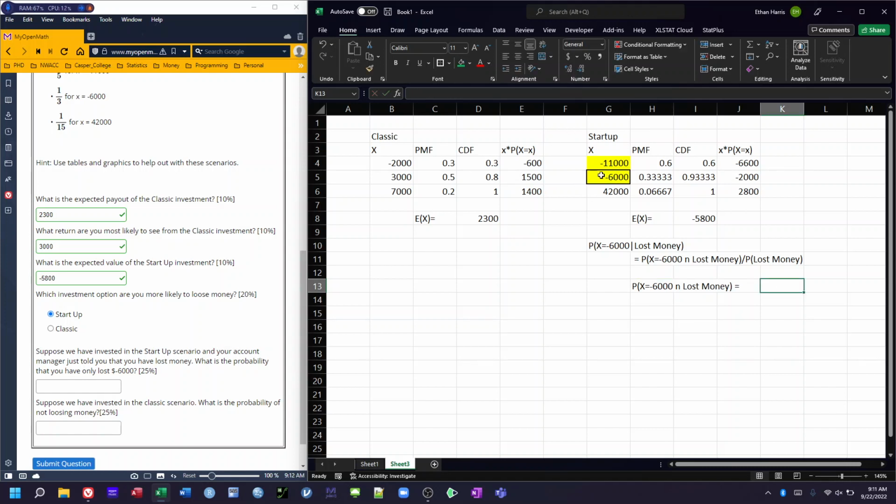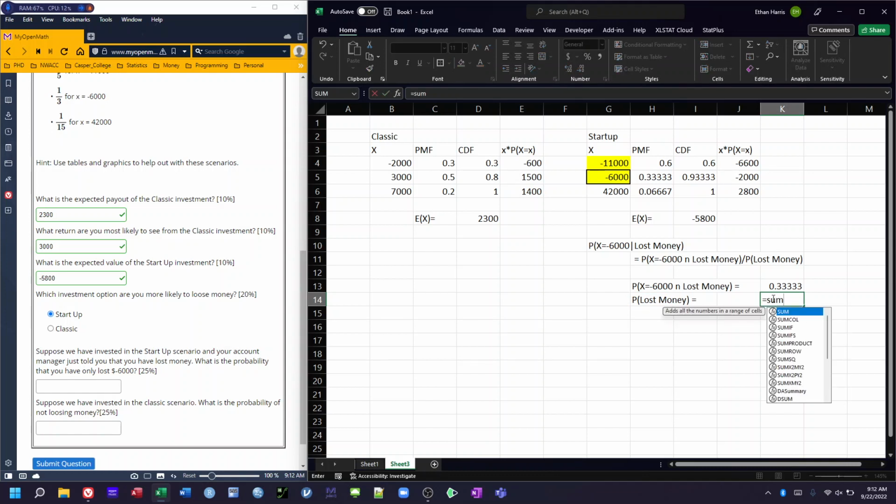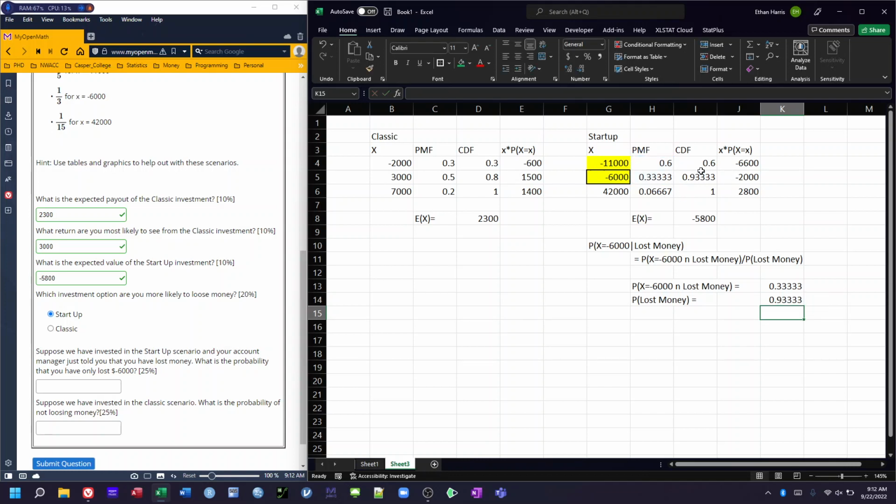It's just at negative 6,000, and the probability of that is going to be equal to this one. And the probability of lost money is just going to be equal to the sum of these two members of the PMF. I could either grab it like this, or I could have just grabbed it from the CDF.